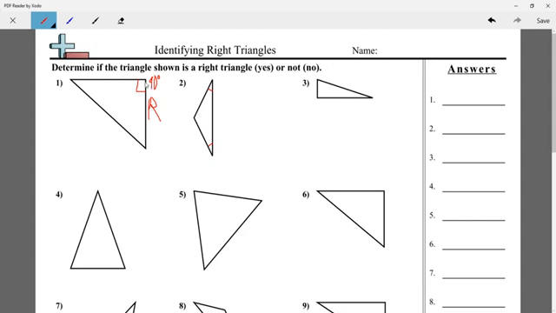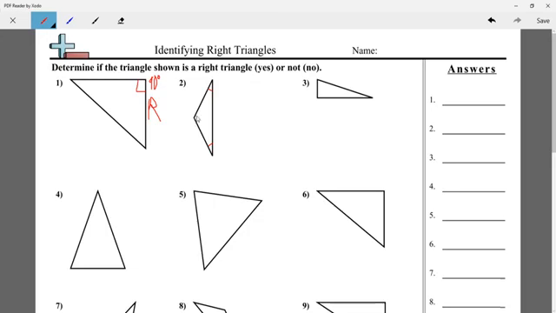Okay, so we can look at this angle right here, and I know that it's not a right angle. It doesn't look like a right angle, but is it an acute or obtuse angle? Sometimes what I like to do is think what a right angle would be from this line right here, or any line in the triangle, but this line is easy.